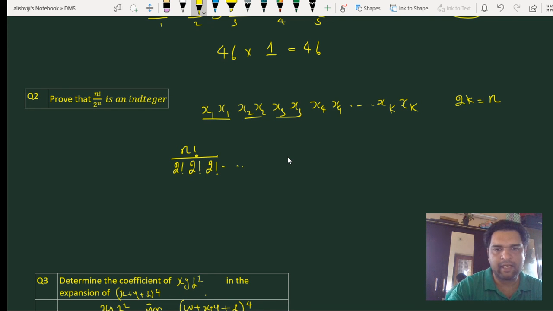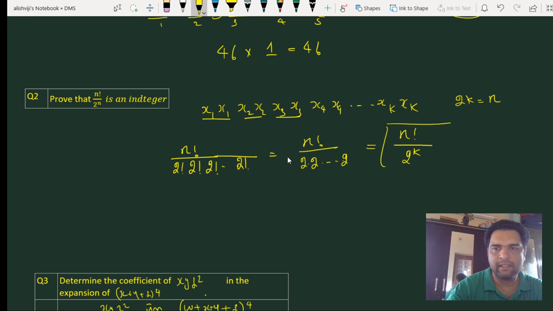Since xk repeats 2 times, it is divided by 2 factorial, which is equal to n factorial divided by 2 into 2 into and so on, k times, and that is equal to n factorial divided by 2 to the power k.